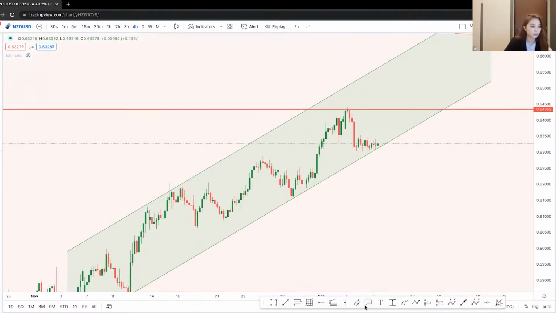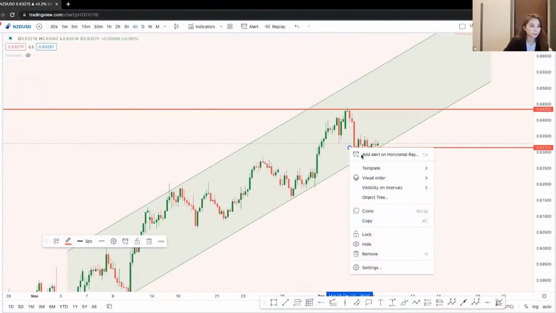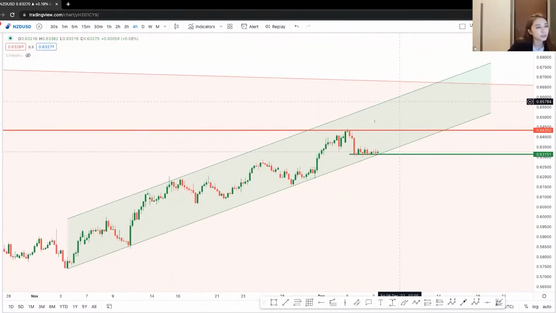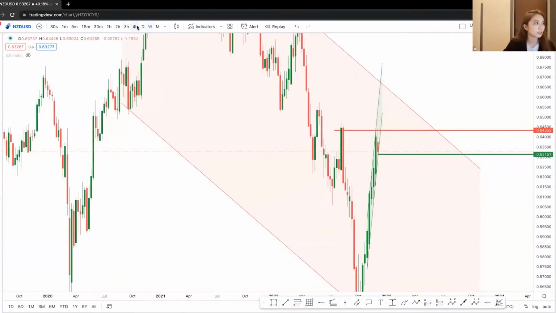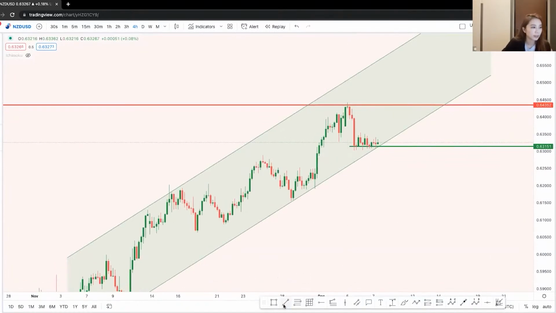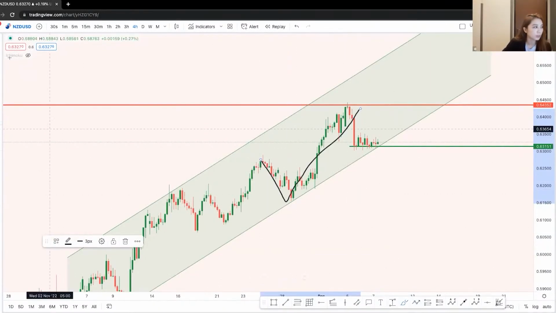So many touch points for this. I would say this could go both ways in terms of moving towards the resistance on the bigger time frame, like on the weekly, with price actually moving past that and moving towards the bigger resistance of the downward channel. However, on the smaller time frame, we are looking at a short-term upward movement. There is a chance that this is a knee-jerk reaction in terms of what we are seeing. So let's take a look.